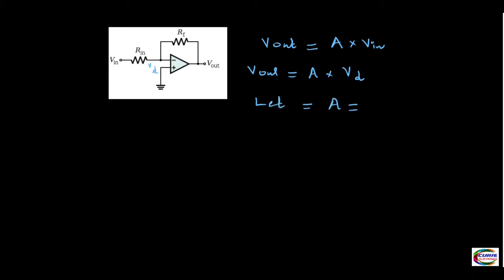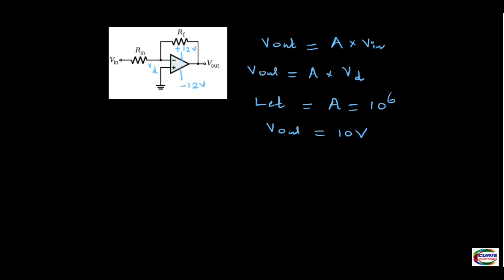Now let A, for a 741 op amp, be equal to 10 to the power 6. And we need an output voltage of 10 volt. We supply this op amp with plus 12 volt and minus 12 volt.